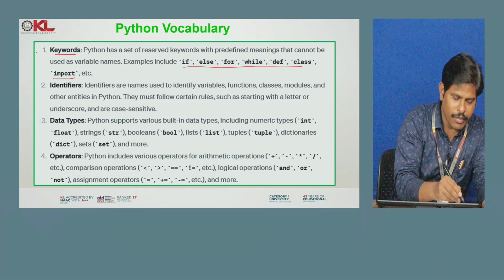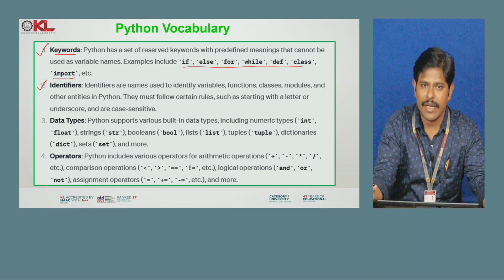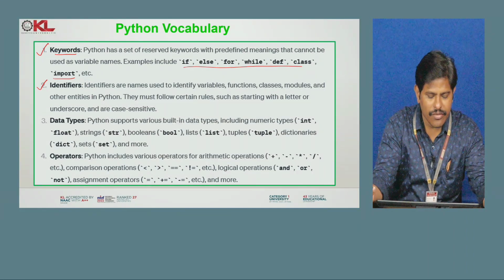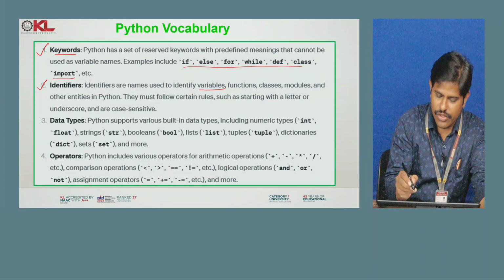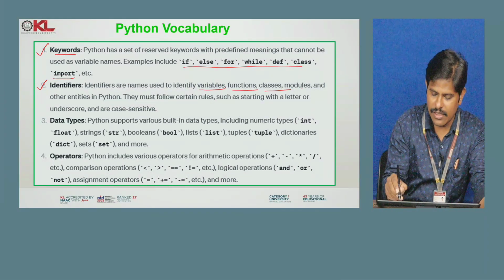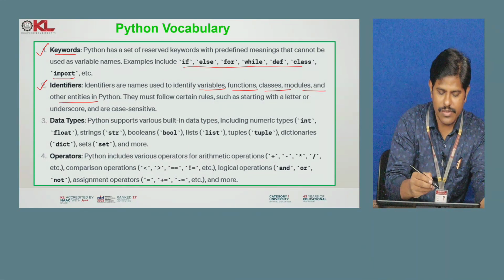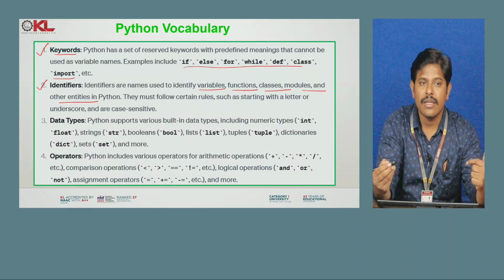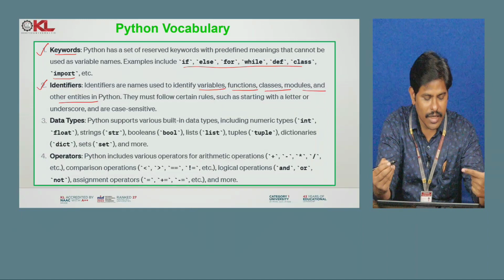And in Python we give identity to your data sets or your variables, your functions or classes or some other entities. So identifiers are names that you use to identify variables, functions, classes, modules, and other entities. There are some rules, and you must follow those rules to start the naming, and we'll see that naming in coming slides.